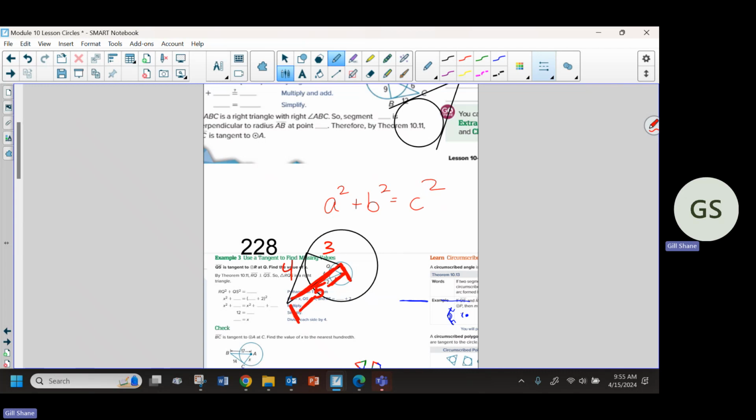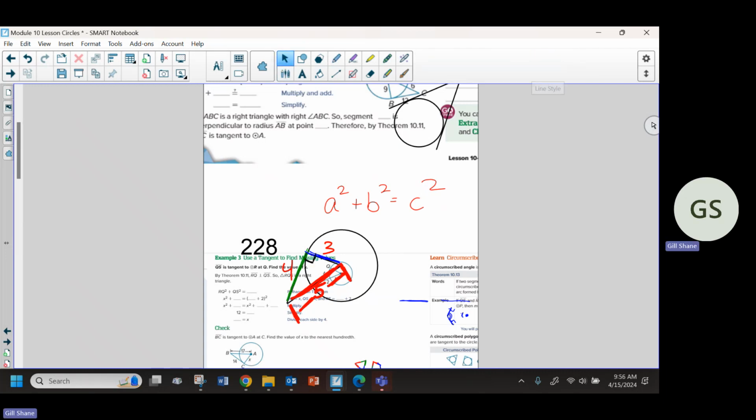So if I want to know, is this green line tangent to the circle, I have to solve a squared, b squared, c squared and see if this is a right triangle. If this is a right triangle, the red, blue, and green lines, then yes, that line is tangent. That's the only way it can happen. A tangent line has to be at a right angle, which would mean this would have to be a right triangle.